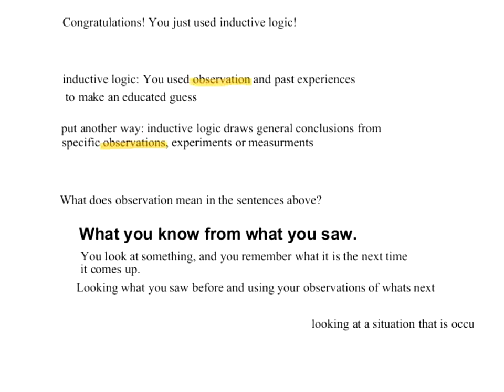All right, good man. Okay, looking at a situation that's occurring. Okay, all of these are good definitions for the idea of observation. So, using inductive logic is based on something you see or something you felt, something that's happened to you. Okay?